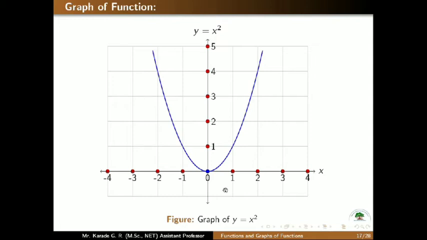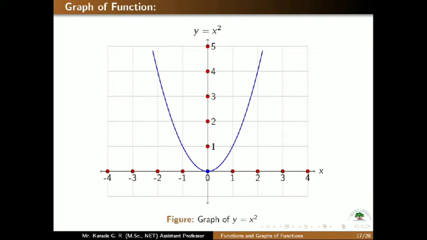In the first quadrant, as values of x go on increasing, the functional values also go on increasing. Therefore in the first quadrant the graph is increasing, and in the second quadrant as values of x go on increasing, the values of the function go on decreasing. In the second quadrant the function is decreasing, and at x equal to 0, the value of the function is 0.